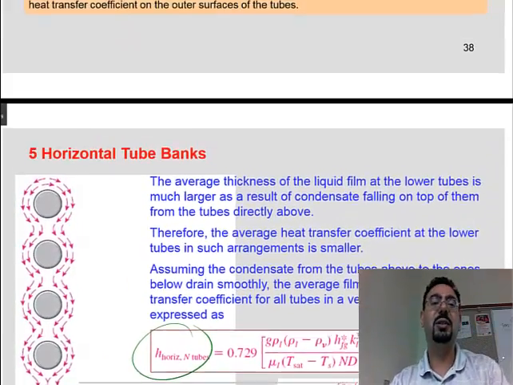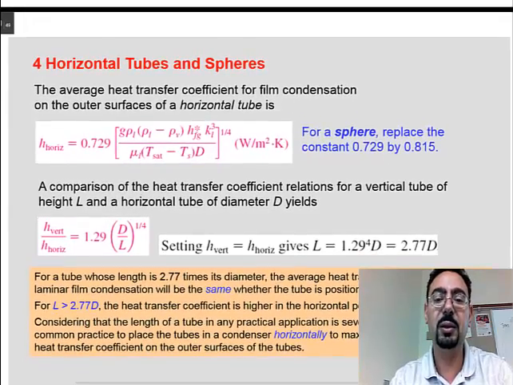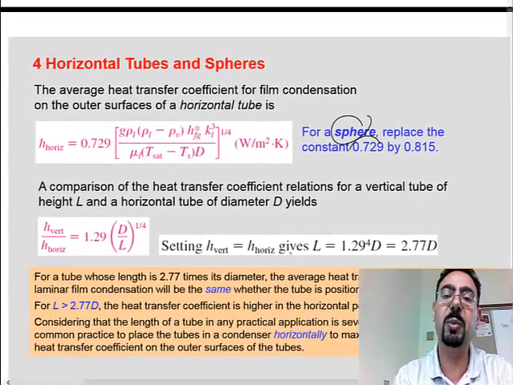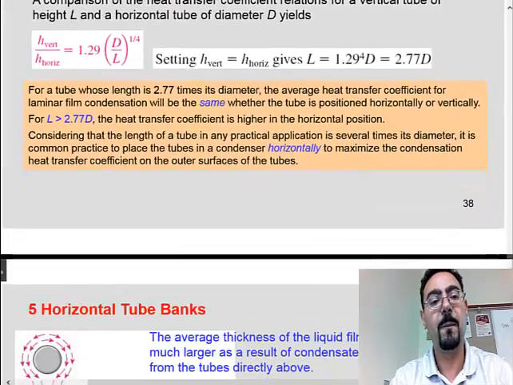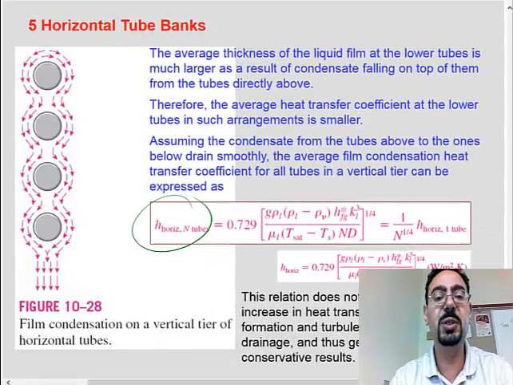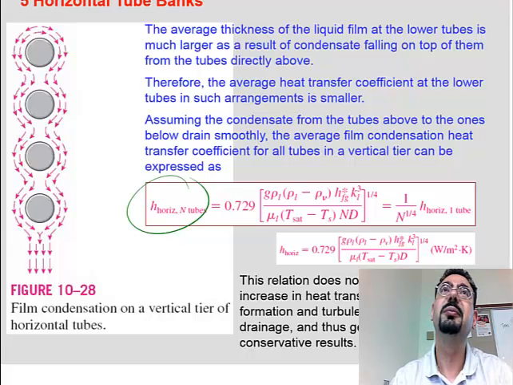And here is the horizontal tube bank. So this was a horizontal tube, just one, right? And he's telling you that for a sphere we replace 0.7 by 0.815. Now for a bunch of tubes, one expects the h to get bigger or smaller. What do you think?